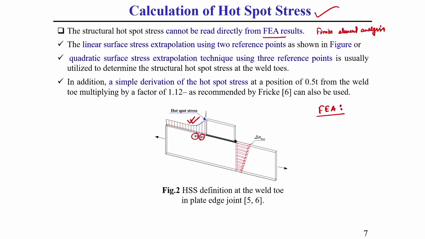Once we take 2 points, for that purpose we generally use the linear extrapolation approach. Sometimes, if the stress distribution toward the weld toe is steep and very non-linear in nature, instead of 2 points we use 3 points, that is R3, and instead of the linear extrapolation approach we use the quadratic extrapolation approach.